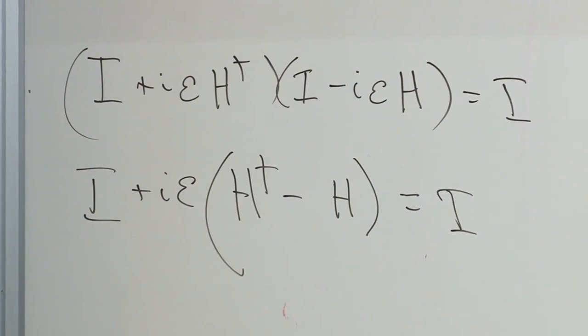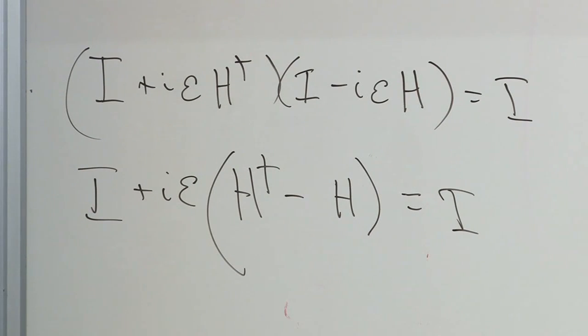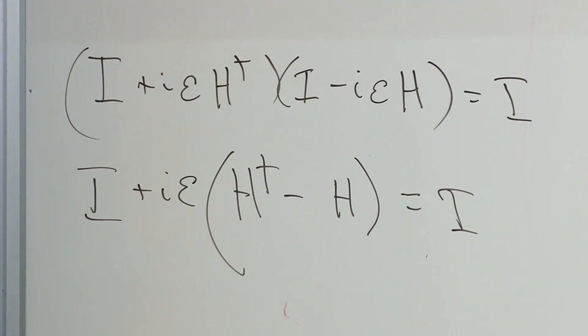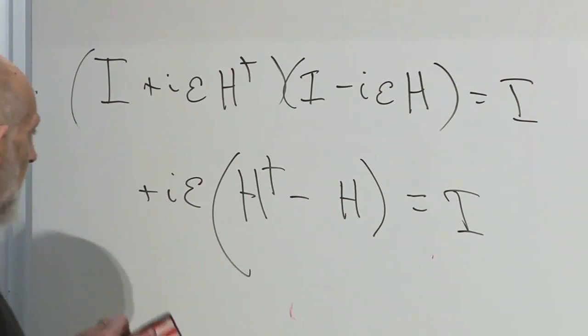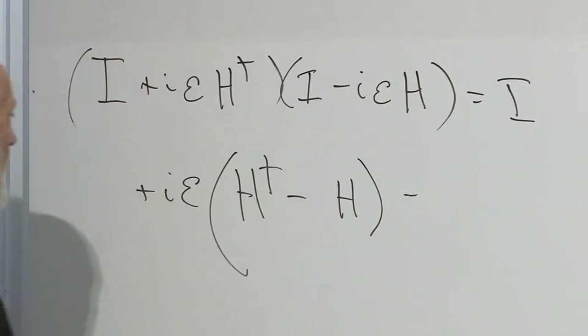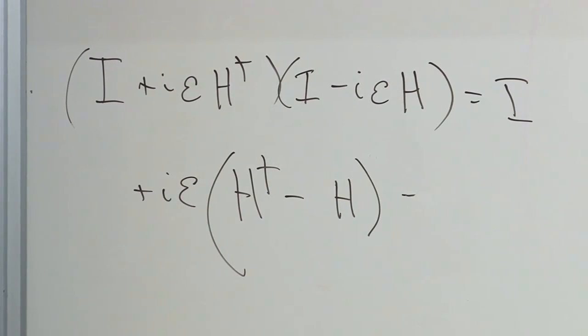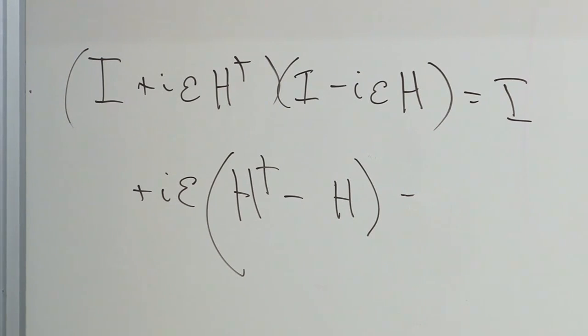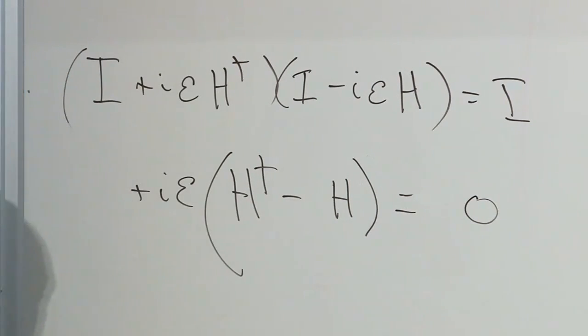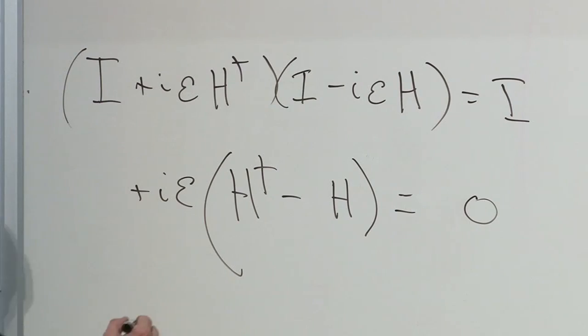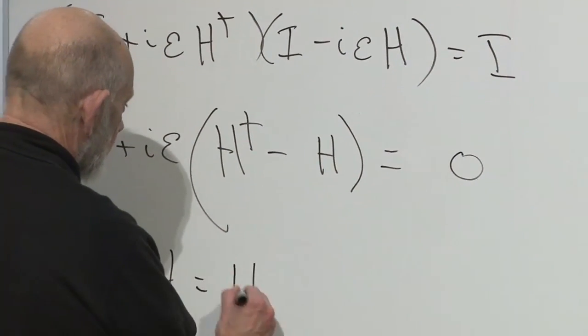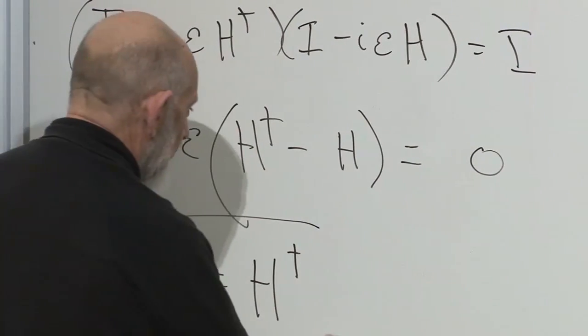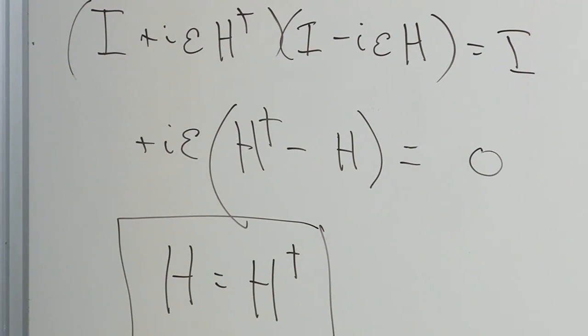As I said, that's just to the approximation that epsilon is so small that its square can be completely ignored compared to order epsilon. All right, so the 1's cancel, and basically what we find is that H dagger minus H has to be 0. We get 0 on the right-hand side. And so to order epsilon, H has to equal H dagger. This is the condition that H be Hermitian.